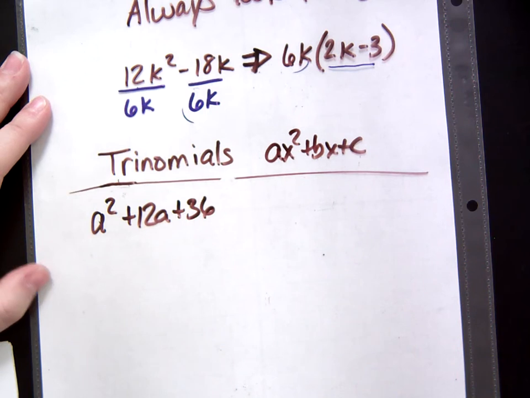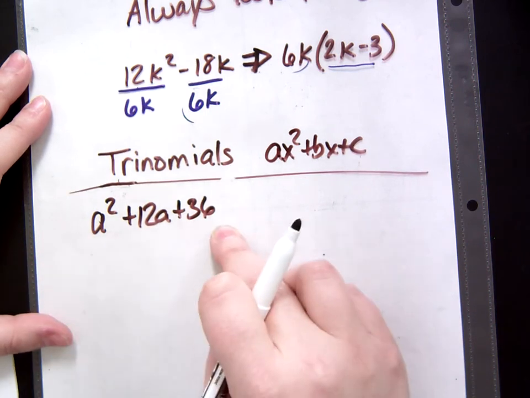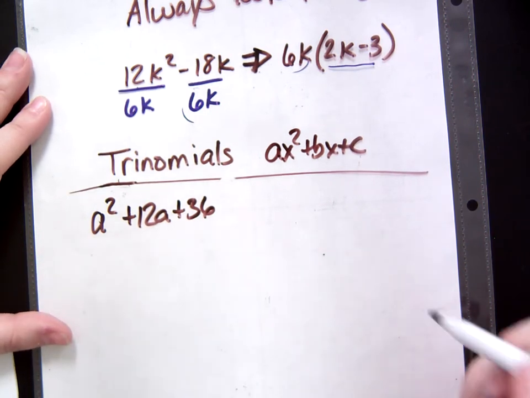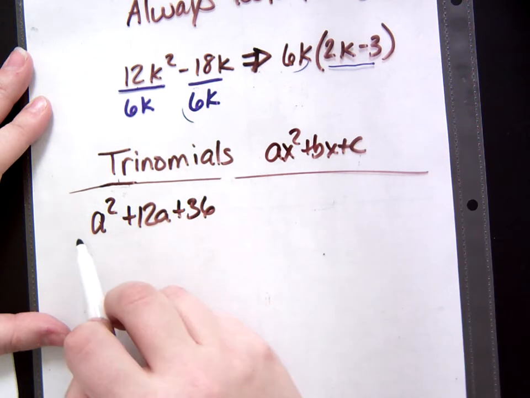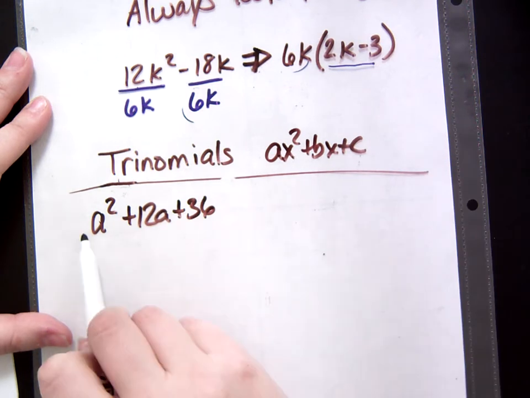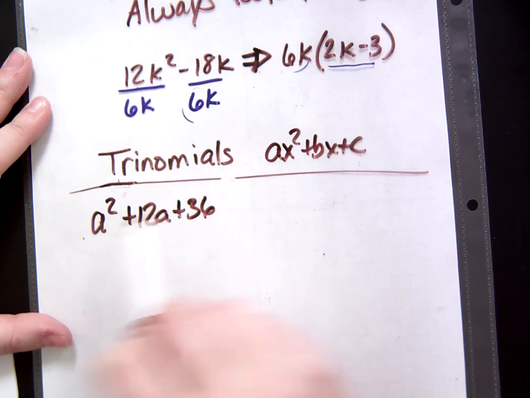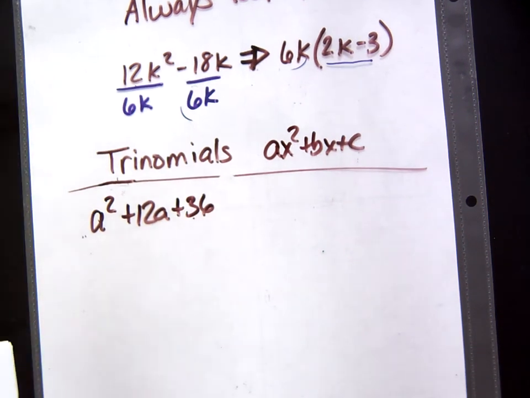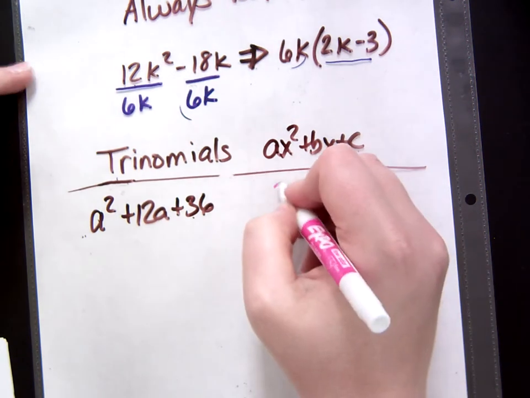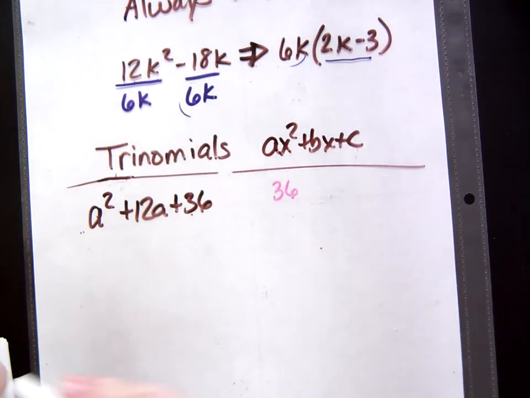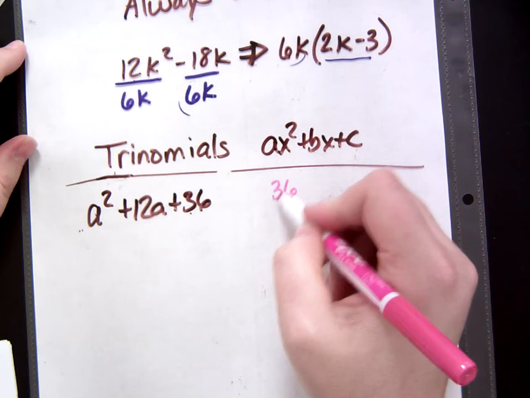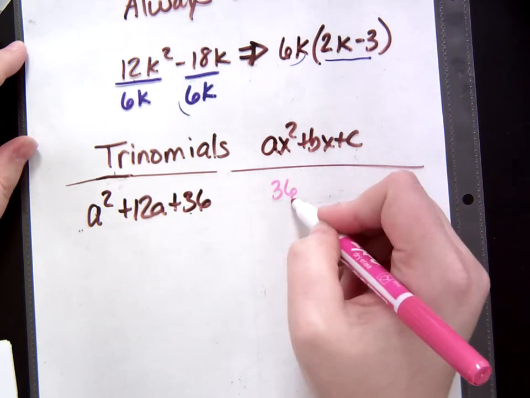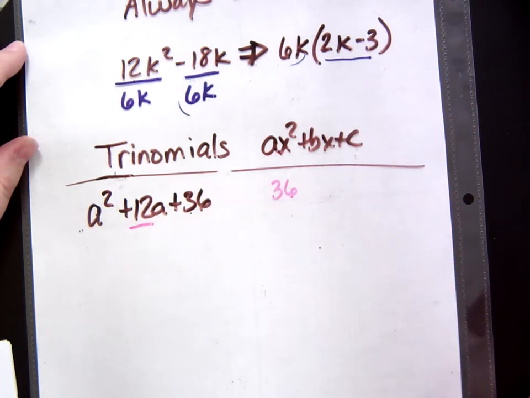So let's say I wanted to factor this. The first thing you do is you multiply your a and c terms. A is in front of your squared term, c is by itself. So 1 times 36 gives me 36. Now I want two numbers that will multiply to give me 36, but add to be 12.